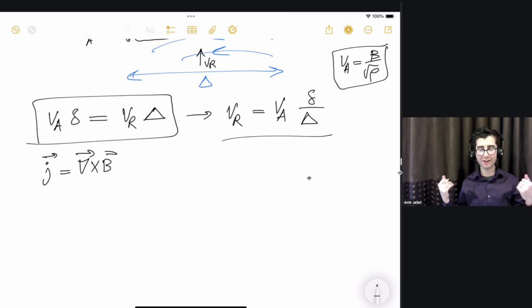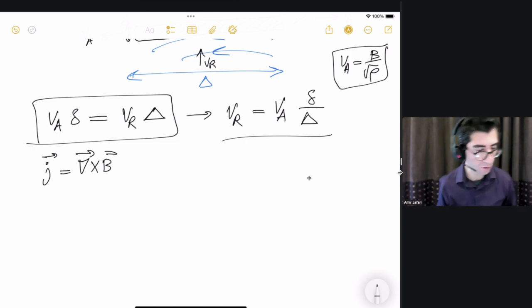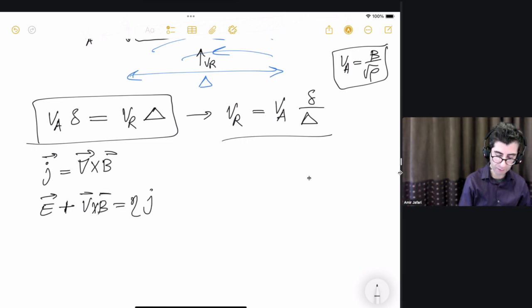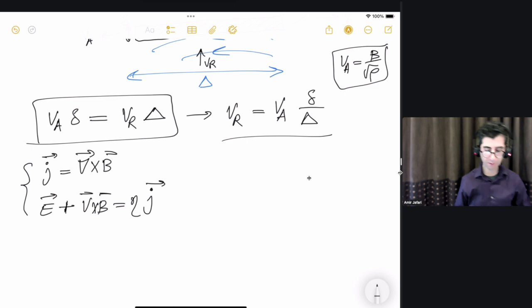So we are estimating the reconnection speed and other quantities here as an order of magnitude estimate. We are not talking about precise values, okay? So this is your J, and also we have Ohm's law. In a plasma, it can be written, for example, this way. Okay, so this is the information we have from magnetohydrodynamics, from plasma physics, if you like.